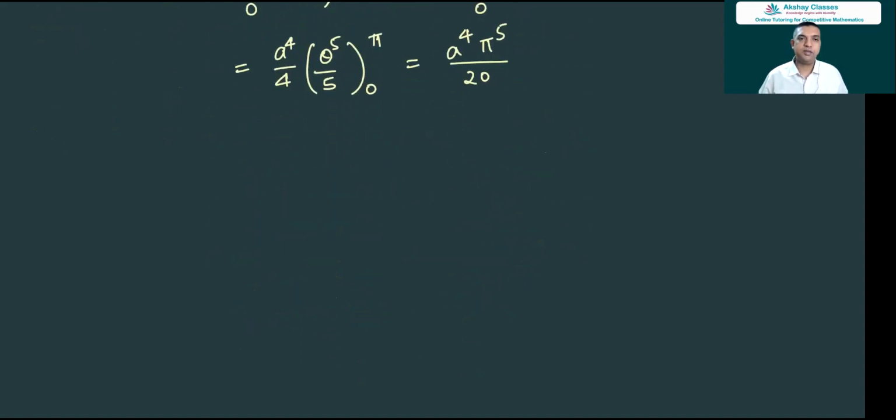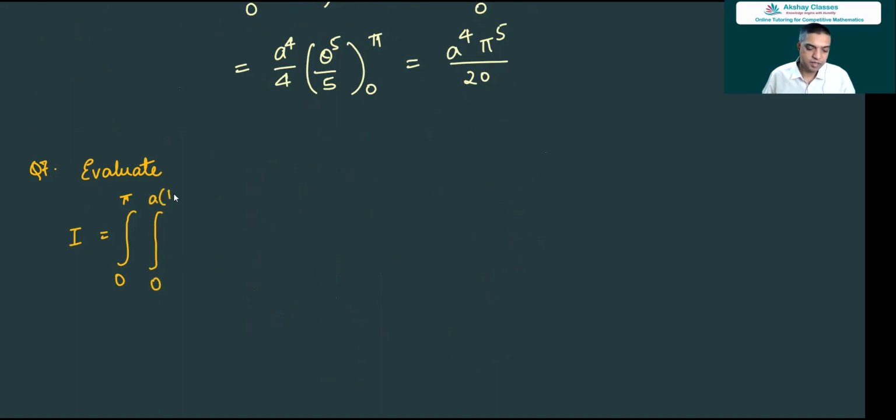Okay, let's do another one on this. Evaluate integral 0 to pi and integral 0 to a into 1 plus cos theta, r cube into sine theta cos theta, dr d theta.